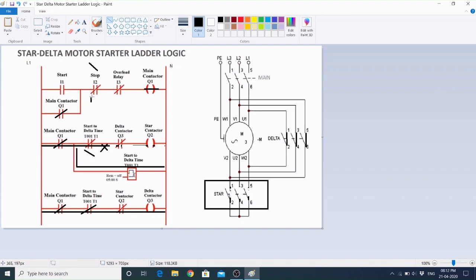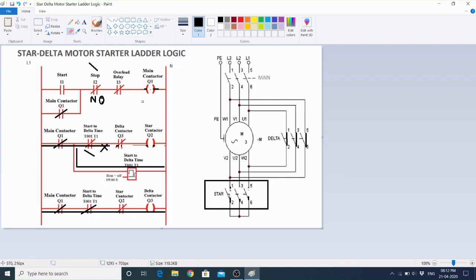Okay. Now it is NO. So if it is NO, in that case what will happen? The current will flow up to this point. Current will not be able to flow here. So if the current is not flowing through this, in that case what will happen?